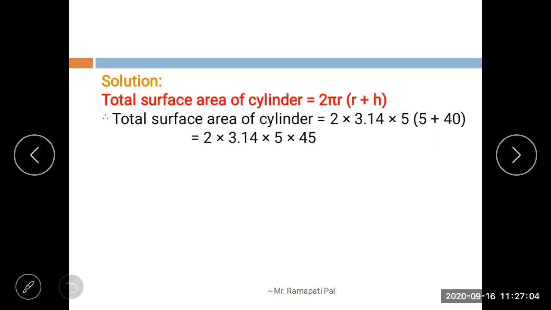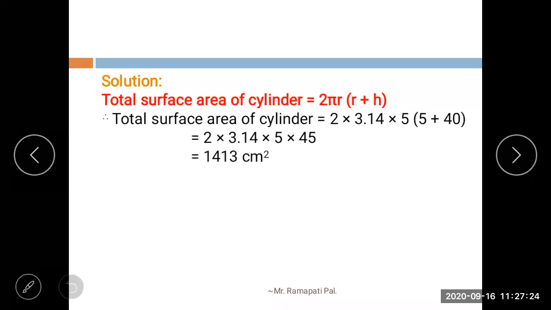Yes, very good. So when we multiply, we get 1413 centimeter square. Here it will be square, not cube, because it is area and the unit of area is square centimeter. Is it clear?